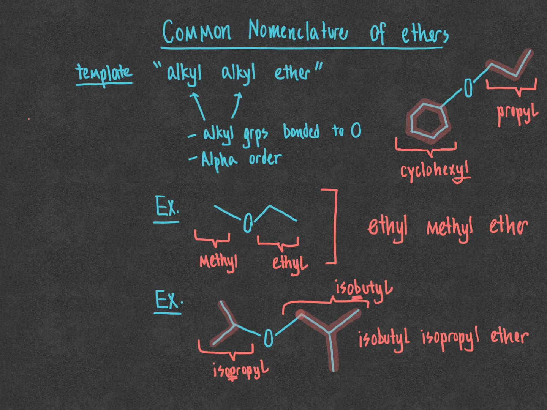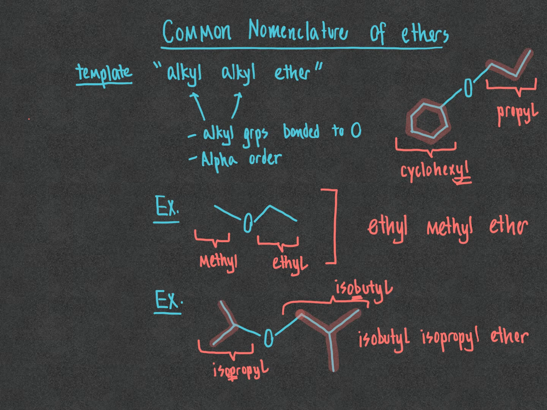The YL lets us know that that is an alkyl group coming off of the parent, and we consider the parent in this common nomenclature to be the ether oxygen itself. So this is cyclo because the carbon atoms aren't part of a chain, but instead they're latched into a ring here that has 6 carbons, and hence the term hex is going to refer to the number of carbons. Hexyl refers to the fact that it is this branch coming off.